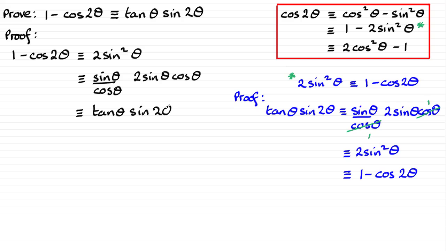So in hindsight, starting with 1 minus cosine 2 theta didn't really seem to be the best solution. I would prefer this one now, okay? But there you go. You live with what you try, okay? So hope you've been able to see how I would approach such a problem.